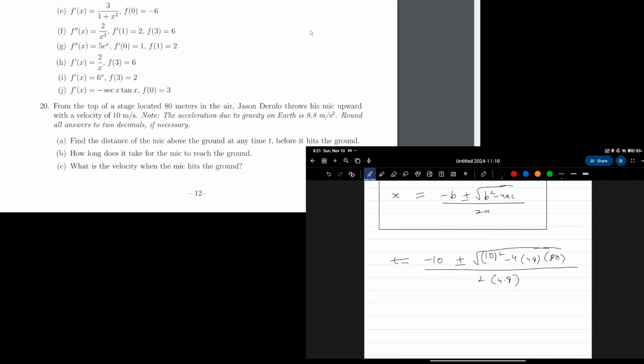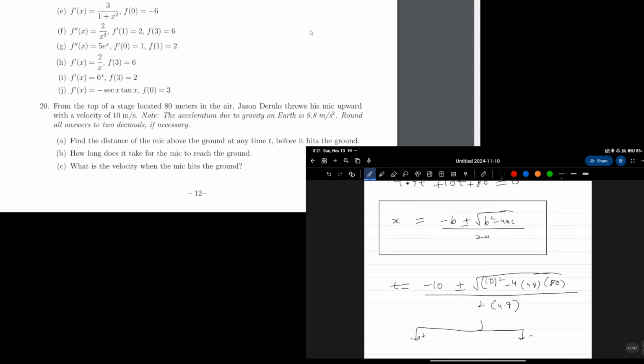One of them I have to plus and one of them I have to minus. So let's make two cases, one where it is plus and one where it is minus. I'm referring to this sign over here. Square root of 10 squared minus 4 times 4.9 times 80, over 2 times 4.9.